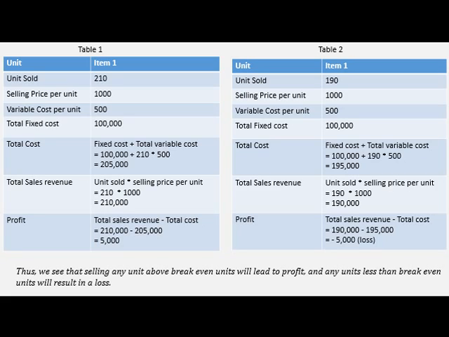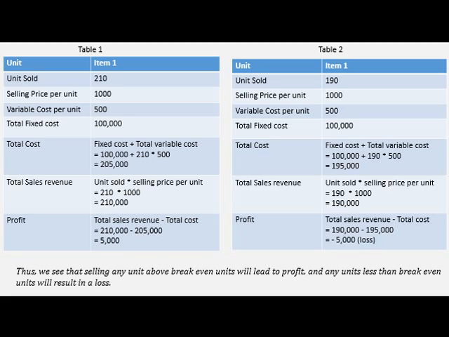When we add the total fixed cost of 100,000 to it, we get the total cost as 205,000. Similarly, selling price per unit is 1,000, and company is selling 210 units. So the total sales revenue is 1,000 multiplied by 210. That is 210,000. So, profit, which is basically sales revenue minus total cost, results in a profit of 5,000.